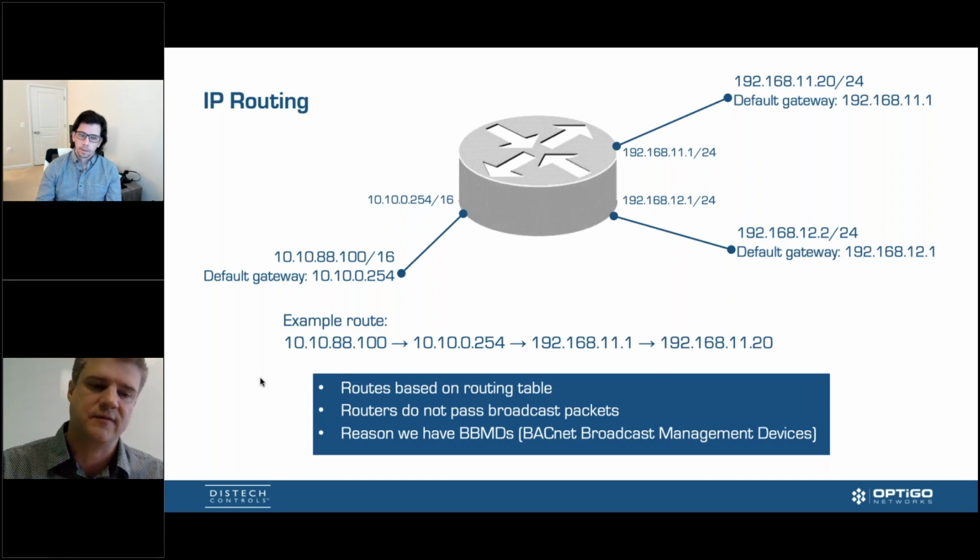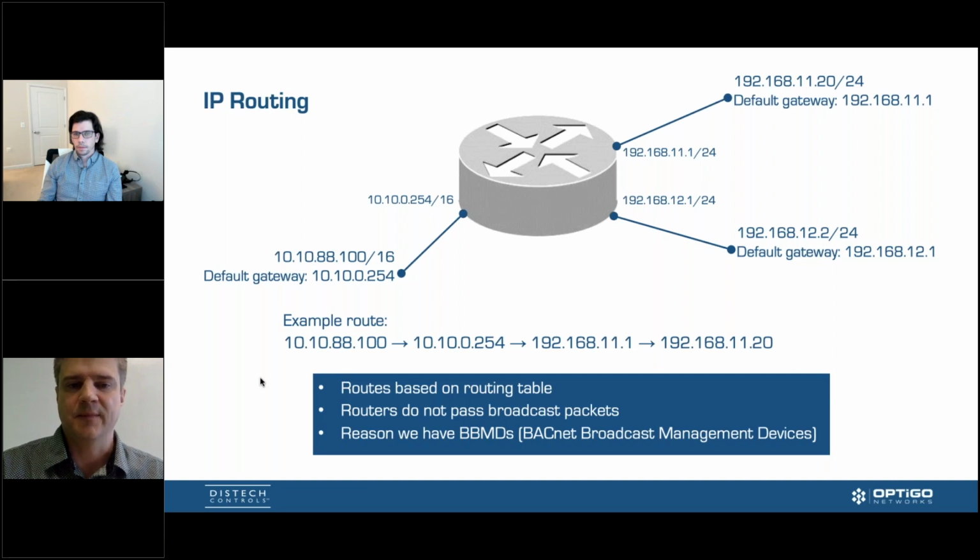What it does know is it has a default gateway, which is 10.10.0.254, and it knows to send any packets with unknown destinations out on that interface.